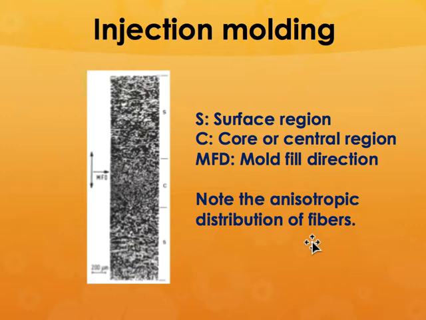You can also have chopped fibers, and you can blend it with the resin system, and you can inject that into a mold. So in this case, the fiber distribution is going to be totally anisotropic, and you really cannot say how much is the volume of the fibers in one single direction.